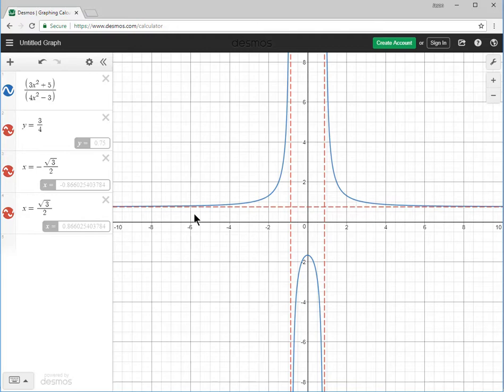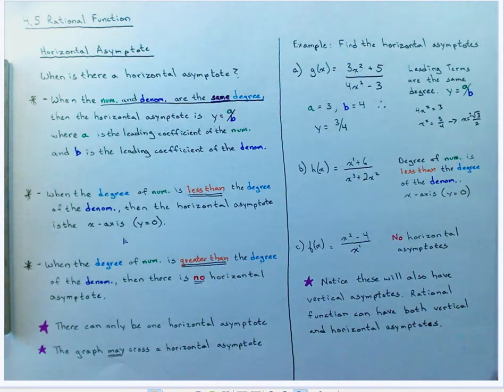It may do that. It doesn't always, but it may do that. So here is a rational function illustrating the horizontal and the vertical asymptotes. I can only have one horizontal asymptote in my graph, but I can have multiple vertical asymptotes.